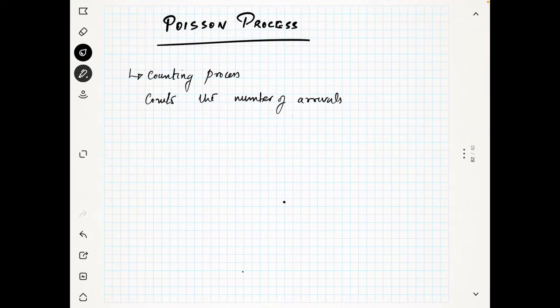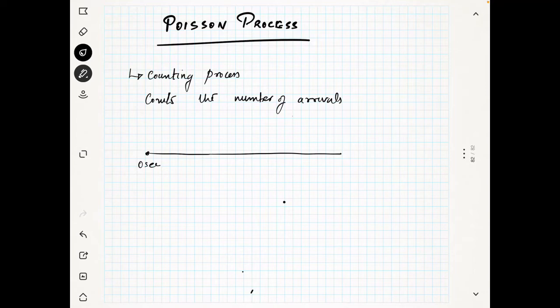What do you mean by this? Suppose you have a time axis. It starts at 0 seconds, for example, and you are considering a queue. For example, you can consider an airport queue.